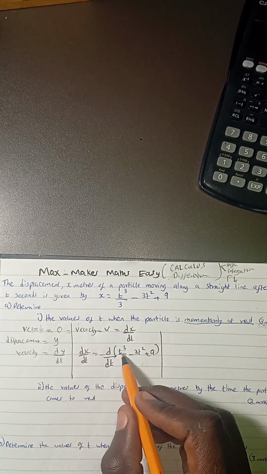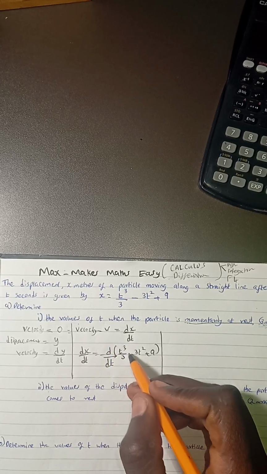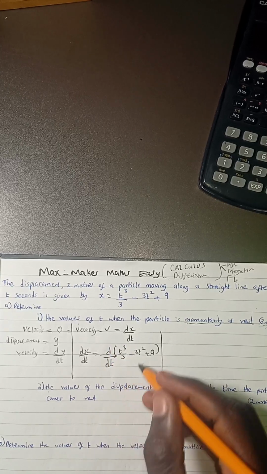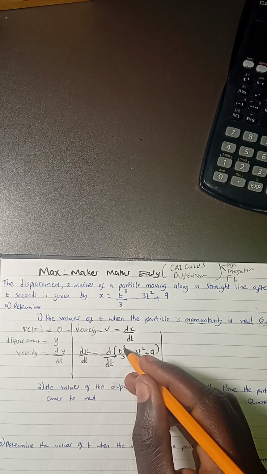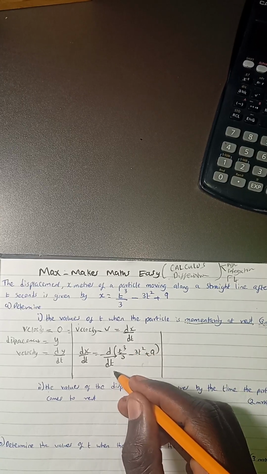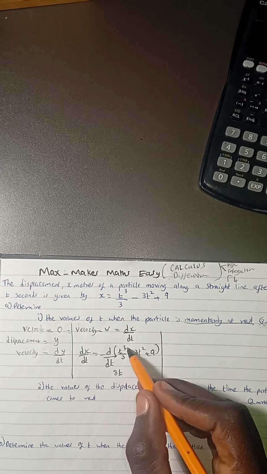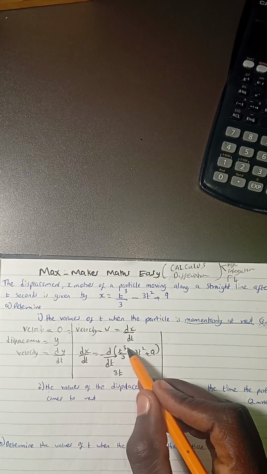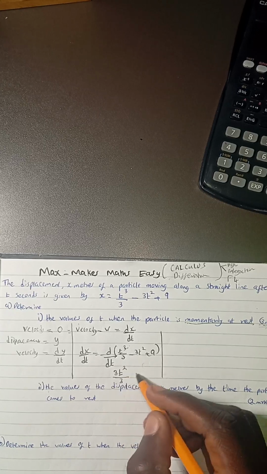So the derivative of x with respect to time, I hope you know how to do differentiation, is as follows. t cubed divided by 3: we drop the power, that is 3t, then we subtract 1 from the power, so it becomes 3t squared divided by the 3.